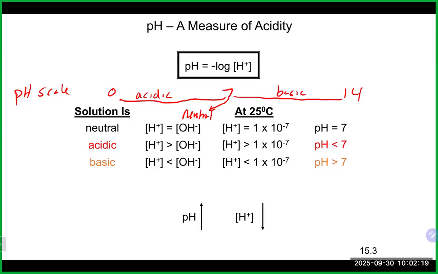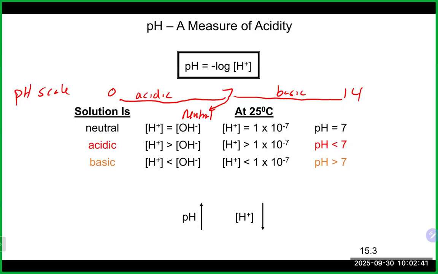And dead on 7 is neutral because the concentration of H plus will equal the concentration of OH minus, and they both will equal 1 times 10 to the minus 7, which will give you a pH of 7 exactly. So we will go for neutral being exactly 7 or super, super close to 7. If it's a little above 7, then it will be considered slightly basic.